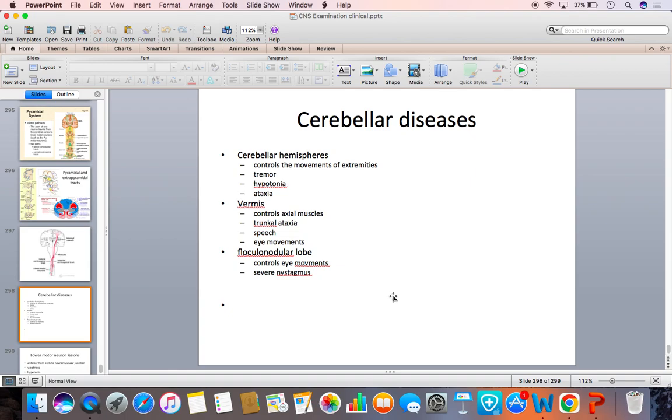Coming to the cerebellar diseases, the cerebellar hemispheres are responsible for controlling the movement of the extremities. The smooth movement of the extremities is brought out by the cerebellar hemispheres. A lesion results in tremor, hypotonia, and ataxia.